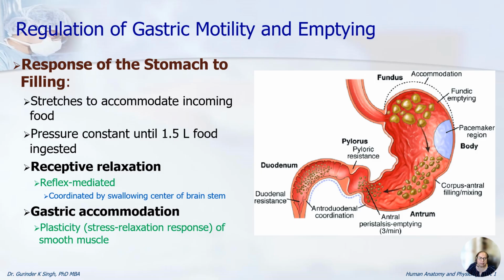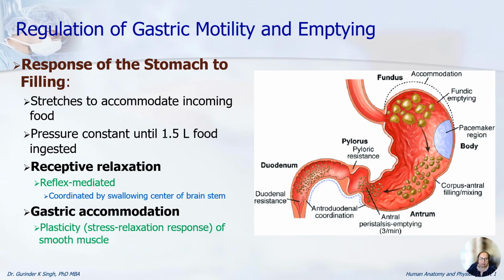All right, so let's look at what regulates the gastric motility and how the stomach empties itself. Regulation is done by what we call receptive relaxation, also known as gastric accommodation.